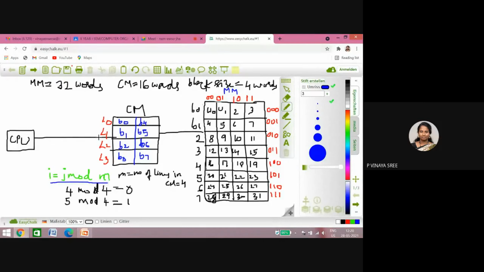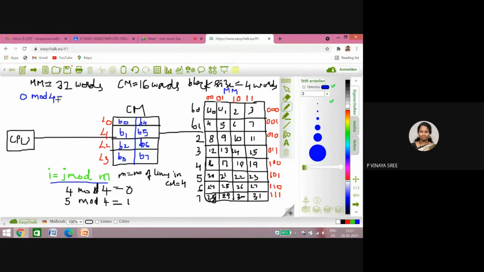Okay, so now let me start with the first. Let me go for block 0. Here j is the block number you are selecting, so I'm considering block 0, modulo m, where m is the number of lines in the cache, here 4.